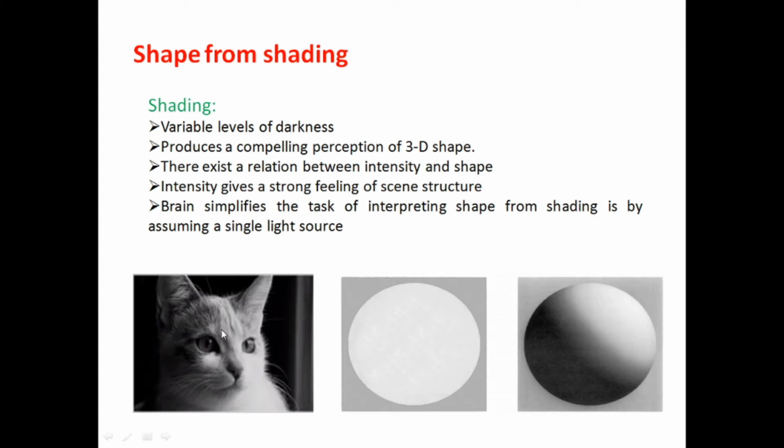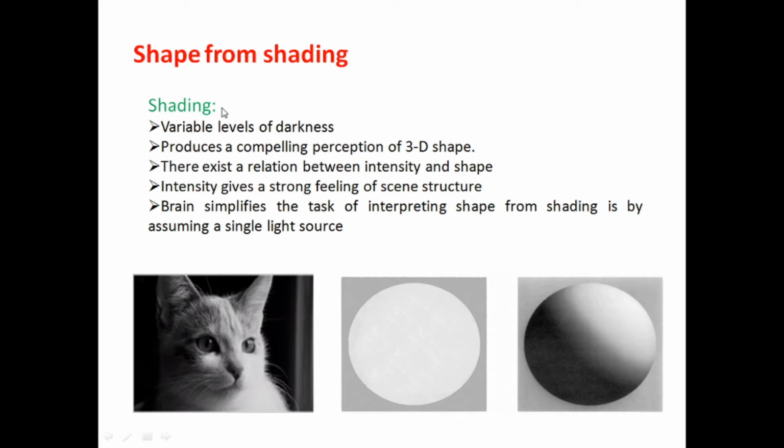This cat has variations in its intensity levels. The cat object has variable levels of intensity, so I am able to perceive that it is a 3D object. Now, that means a 3D object is present in this 2D image.